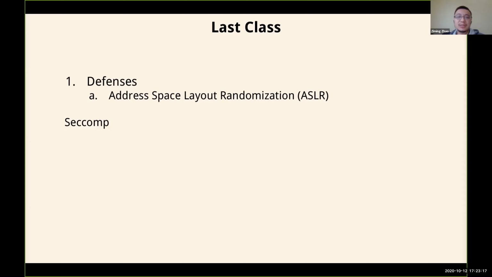We first discussed ASLR, which is address space layout randomization, which is designed to impede the exploitation of many vulnerabilities, including buffer overflow and also return-oriented programming, which we will cover in the second half of the class. ASLR has been deployed in most operating systems right now.